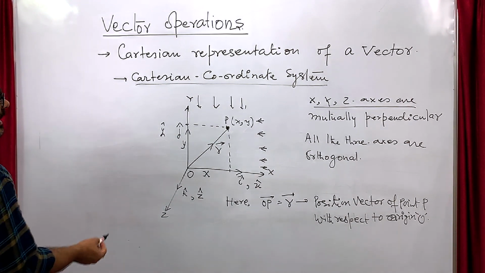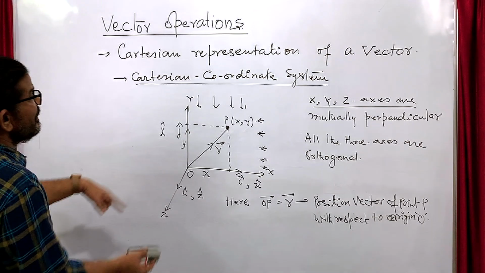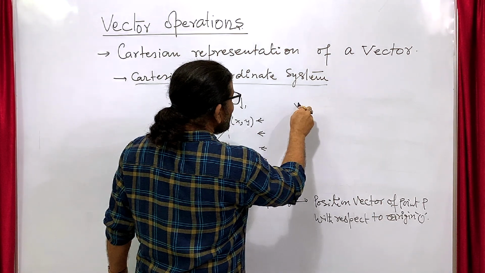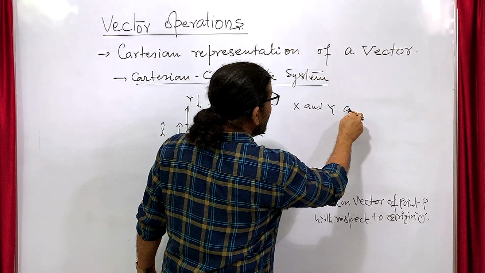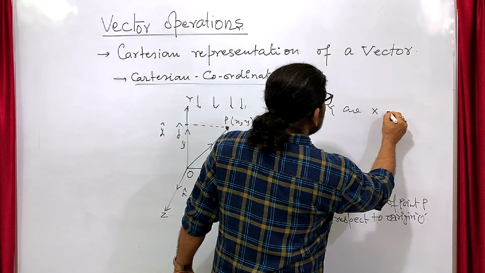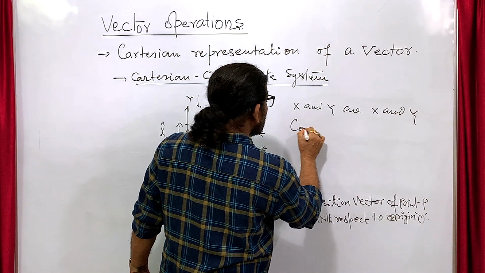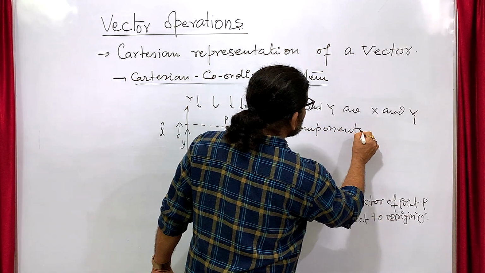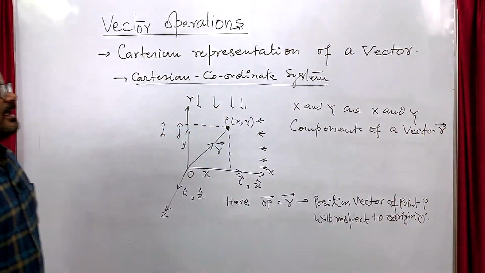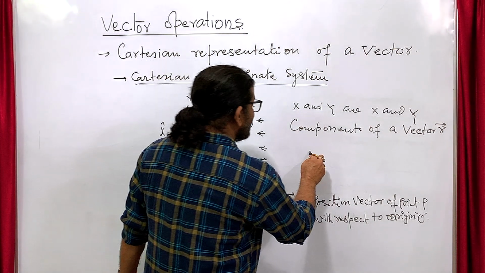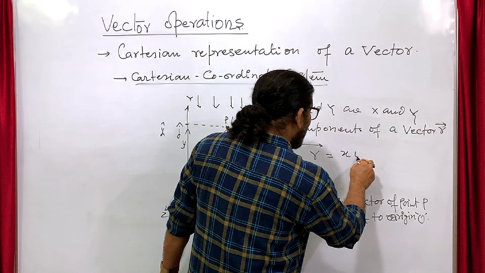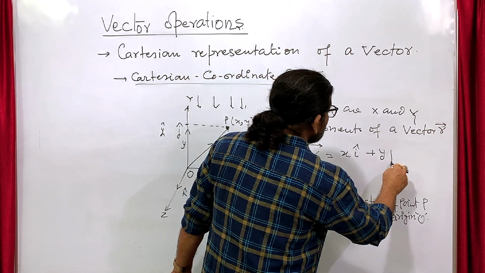So here we can write that x and y are the components of vector r, and this can be represented as vector r is equal to x i cap plus y j cap.